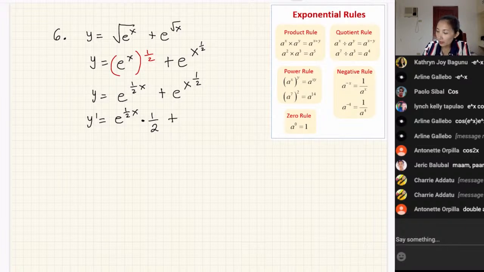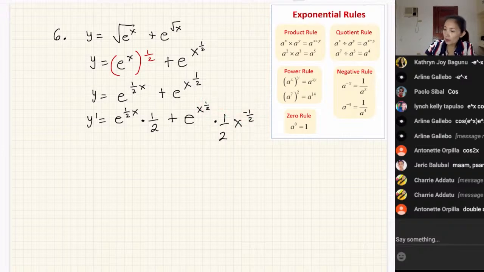Its derivative will be e raised to x raised to 1/2 times the derivative of x raised to 1/2, or the square root of x, which by our power rule is 1/2 x raised to negative 1/2. We bring 1/2 down, times x raised to 1/2 minus 1, which is negative 1/2.